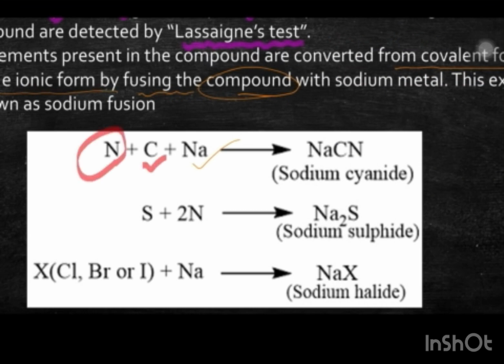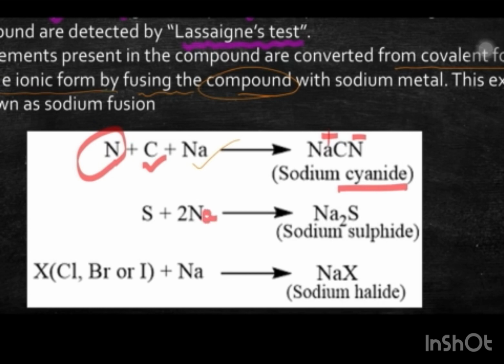So if nitrogen is also present, then it will give you sodium cyanide, and then it becomes the ionic form, Na+ CN-. You can easily detect it by chemical reactions. And if sulfur is present there, it should be Na, sodium.